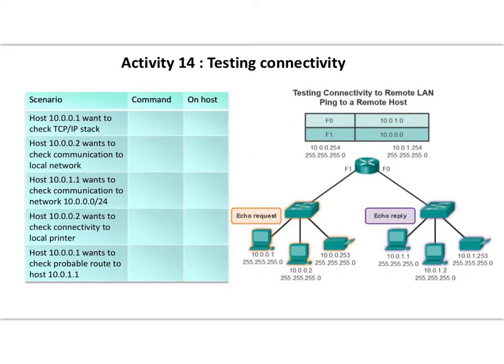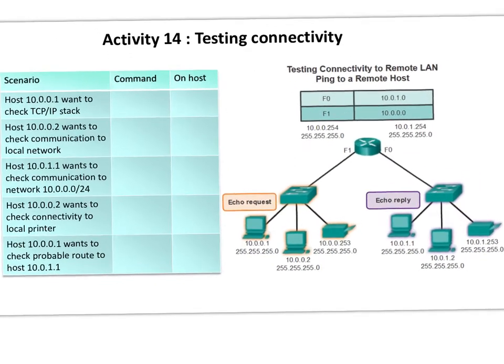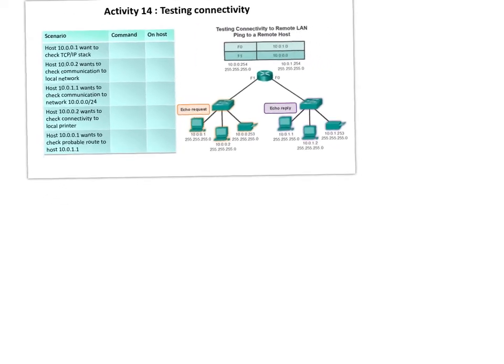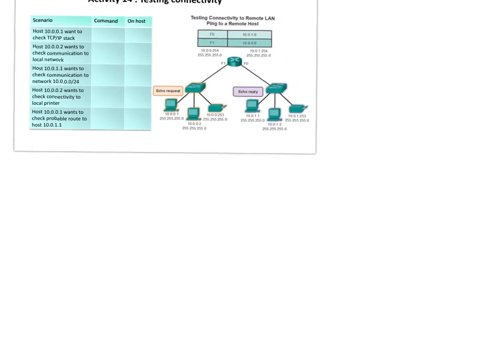So today we want to discuss the last topic of chapter 8, which is to test connectivity. For testing connectivity, we use a protocol as part of IP version 4, which is called ICMP. Like all other protocol suites for IP, there is ICMP version 4, and there is ICMP version 6.